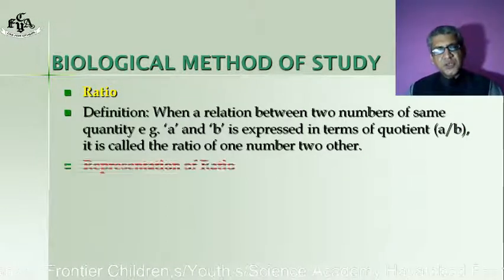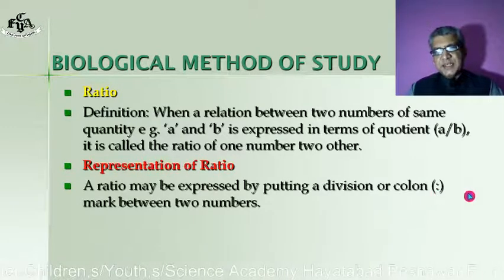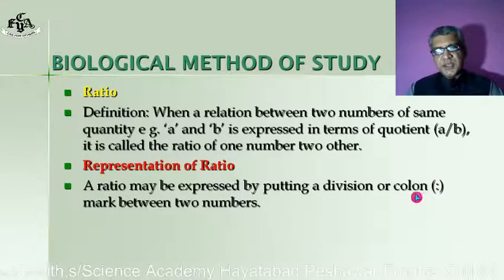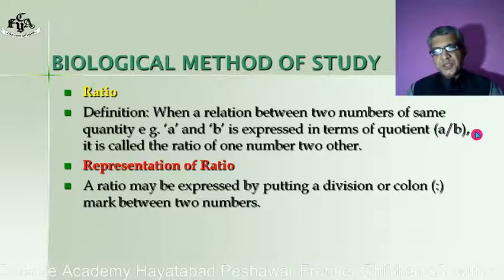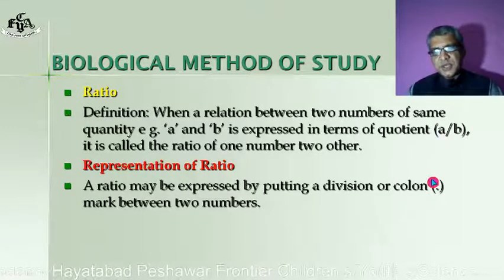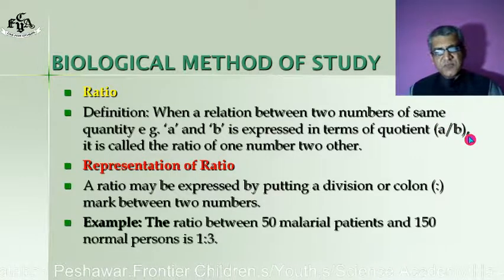The ratio sign is these two dots. If there are two quantities, the ratio sign is put between A and B, like this.